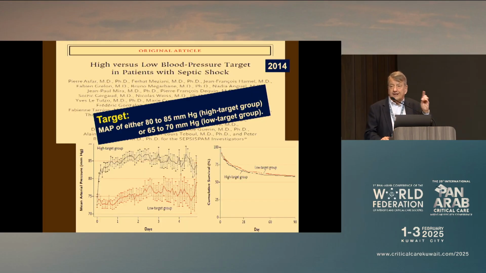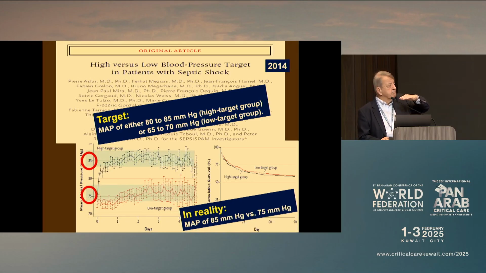Now, this study actually was interesting because the target was either 80 to 85 mean arterial pressure or 65 to 70. But in this kind of study, we usually go over the target. That's okay, that's human nature. So in reality, it was 85 versus 75.